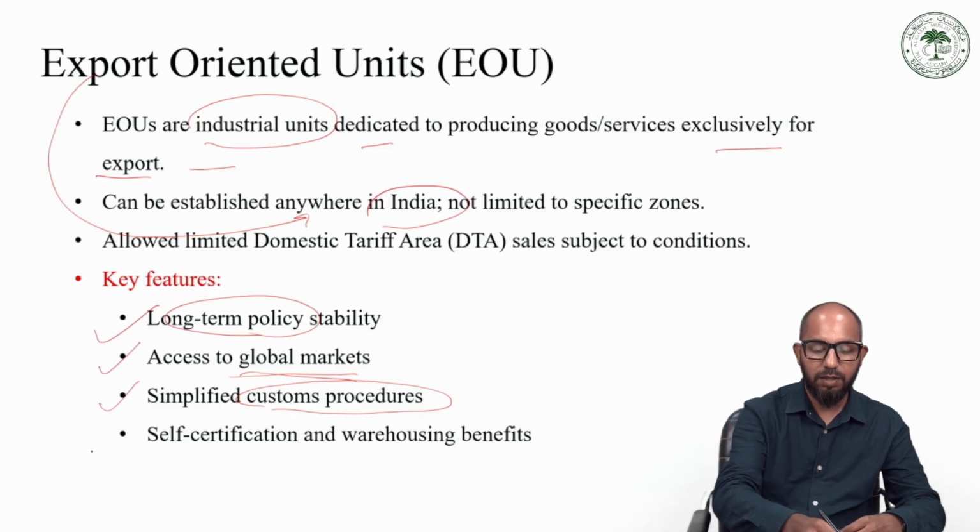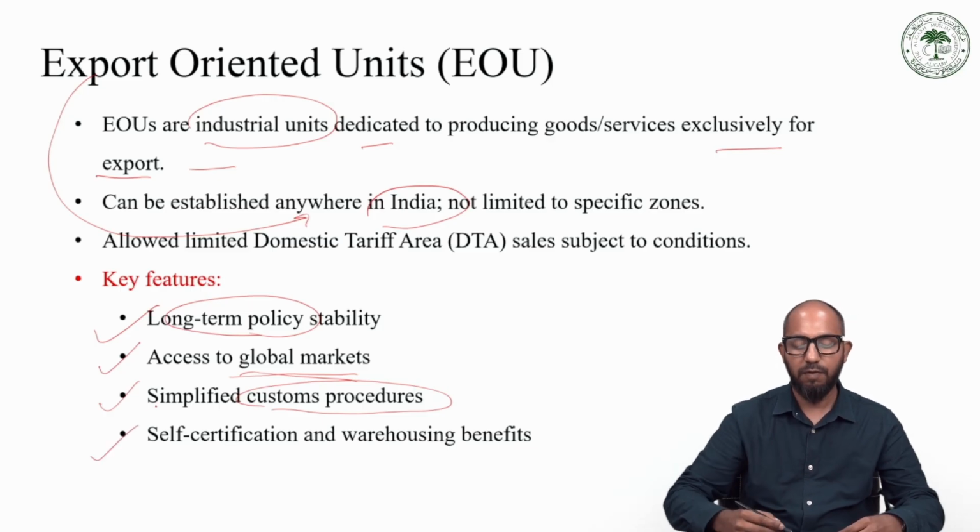And finally, the self-certification and warehousing benefits. Warehousing is an important component in international trade. Certain types of goods require more warehousing, such as perishable commodities. Thus, if industries are set up under these export-oriented units, they get the additional benefit of warehousing.